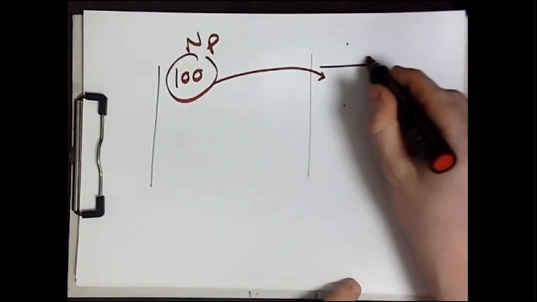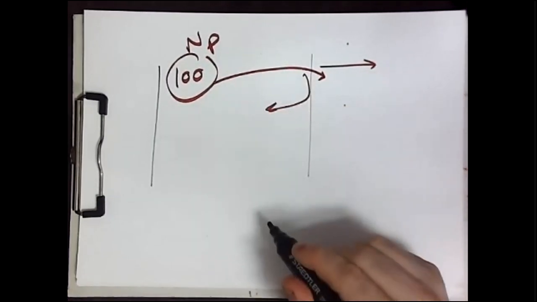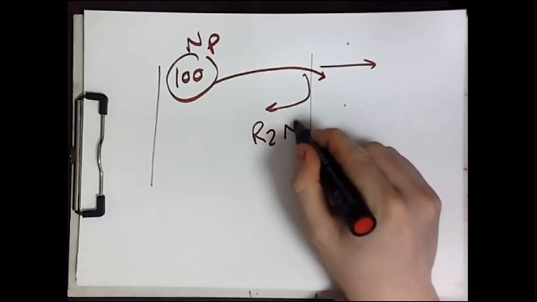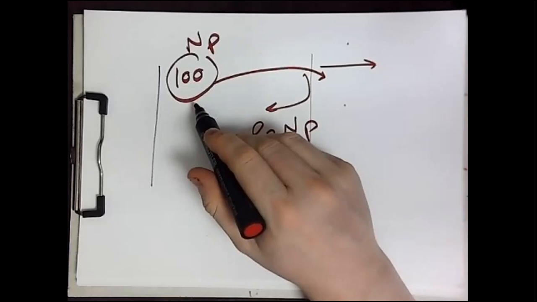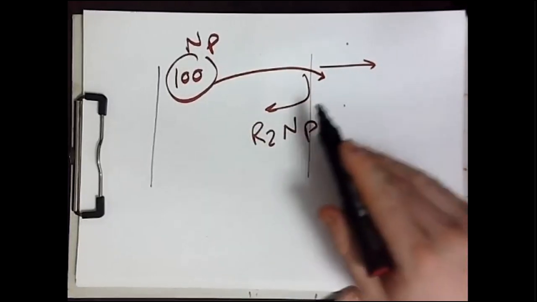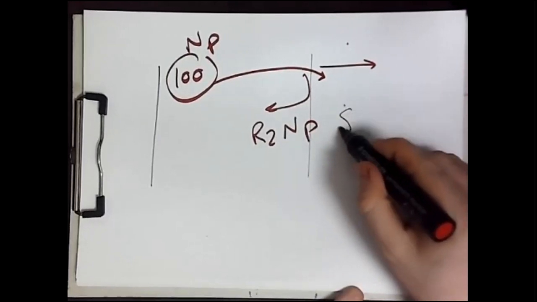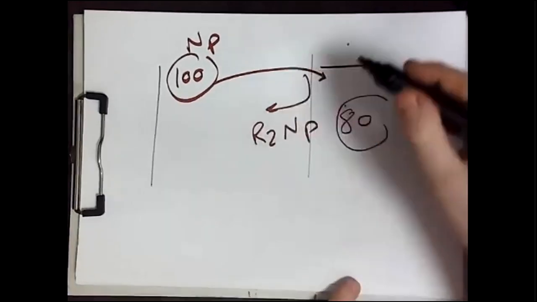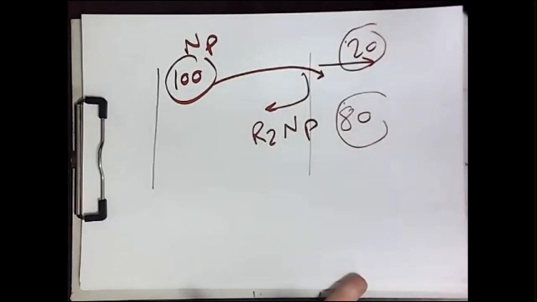Some of them will escape, and another will reflect. Those that were reflected are equal to R2 times NB. So if this is, for example, 100, and this is 20, this is 80%, then 80 photons will still be in the cavity, and 20 photons will escape outside the cavity.